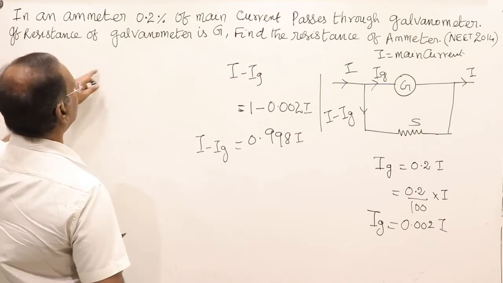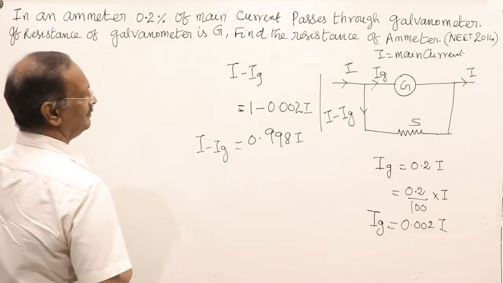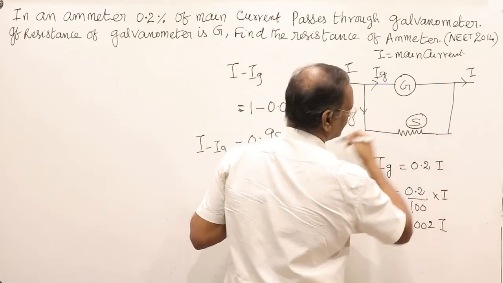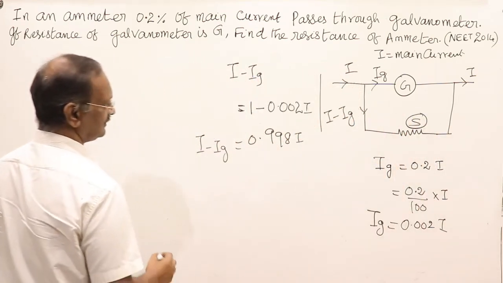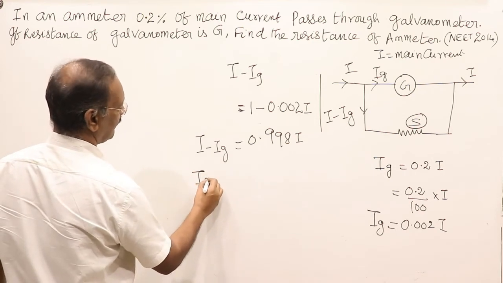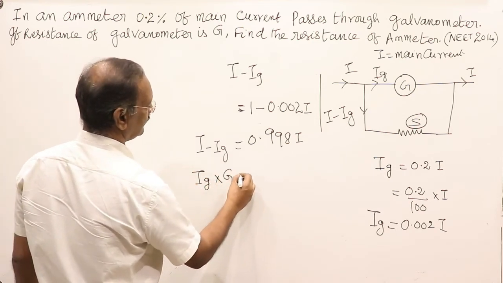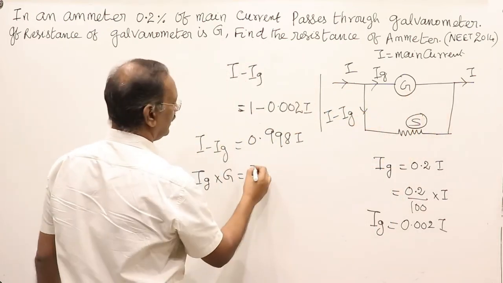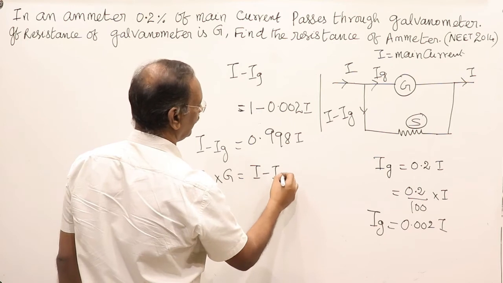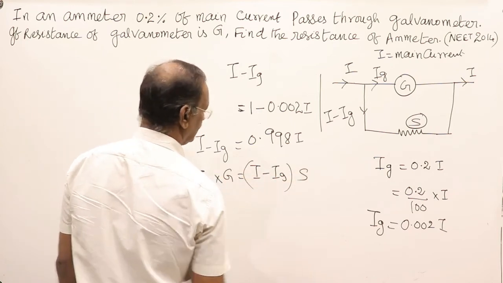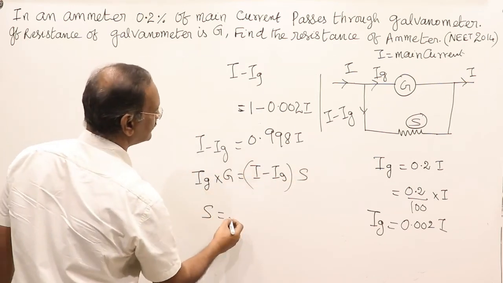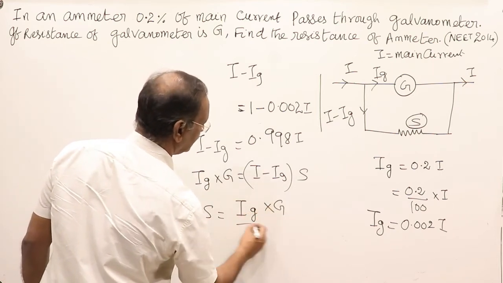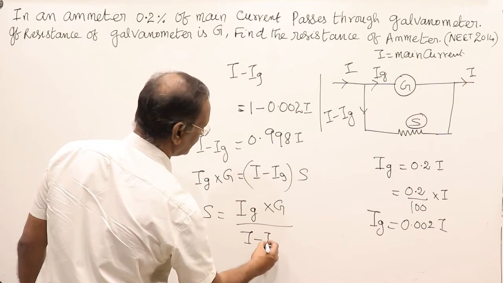To pass through the galvanometer, find the resistance of the ammeter. The resistance of the ammeter means we have to find the shunt resistance. From this equation, the voltage Ig into G is equal to I minus Ig into S. We have to find S, so S is equal to Ig into G divided by I minus Ig.